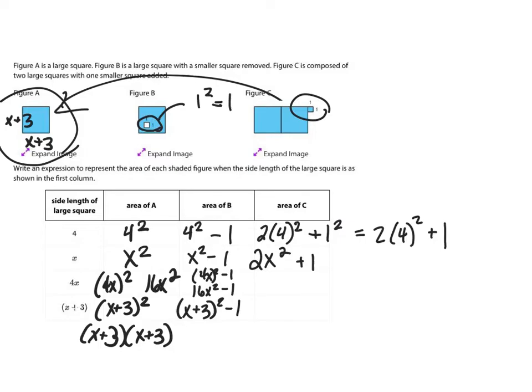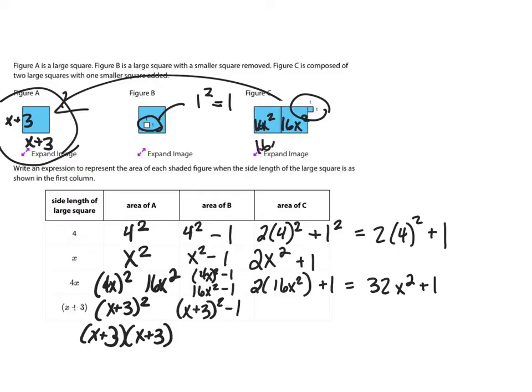Next one, we have 2 times, I'm going to use 16x squared plus 1, which is the same as 32x squared plus 1, because there's two of them. This is 16x squared, and this is 16x squared, and that's 1 squared.